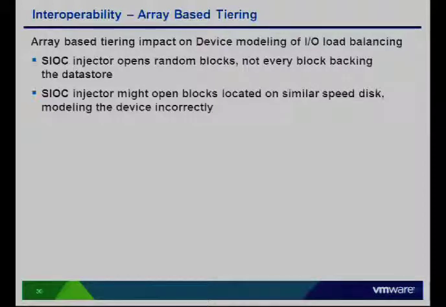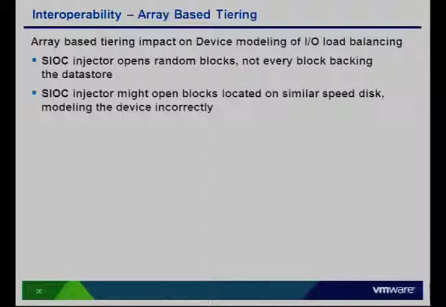Now, to understand the performance of a device, I mentioned that we use device modeling. How exactly does device modeling work? Storage DRS uses the SIOC injector for it. It will open up a block, and it will generate outstanding IOs.